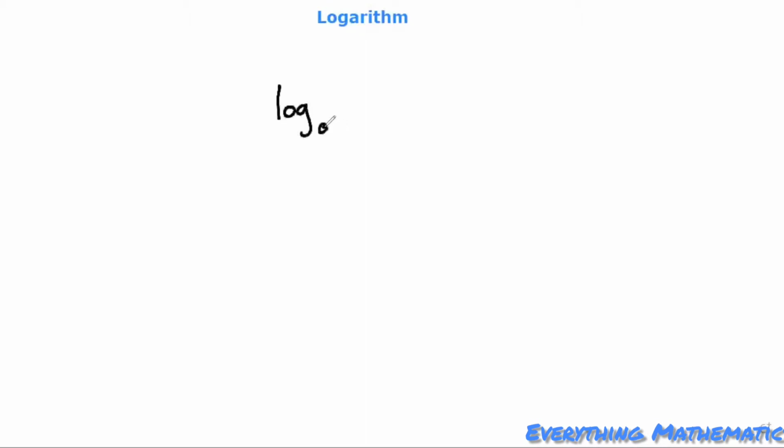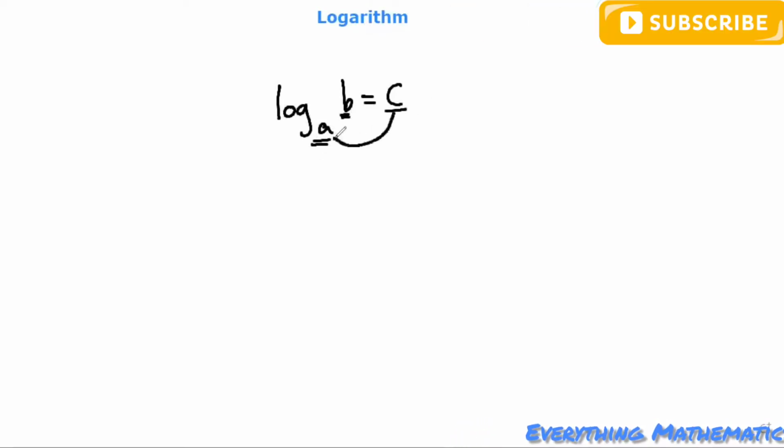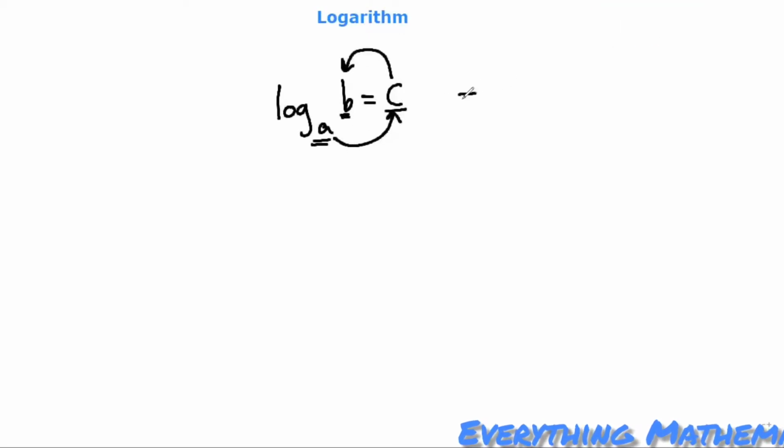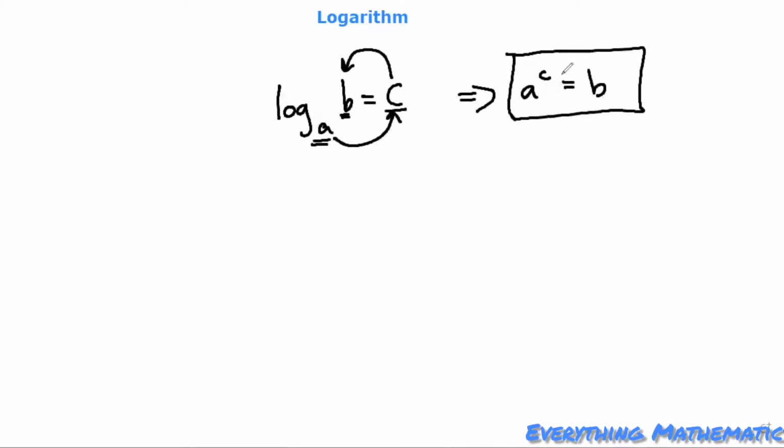So we have log A of B, and that could be equal to C. What we basically said is that A is the base, and B is whatever result we get from raising the base to C. So usually we have an effect like this: A raised to C is equal to B. In essence, log A of B equal to C is equivalent to A raised to the C, which is equal to B. And this is what we established last week to be the index form.